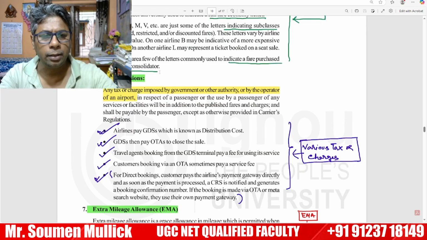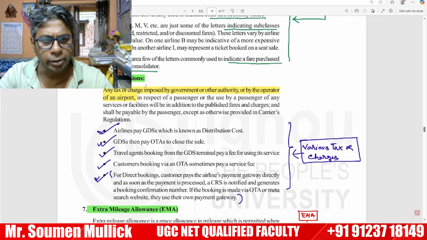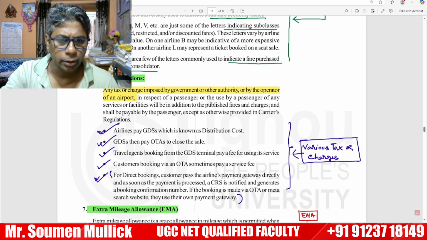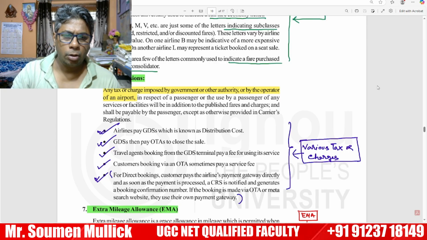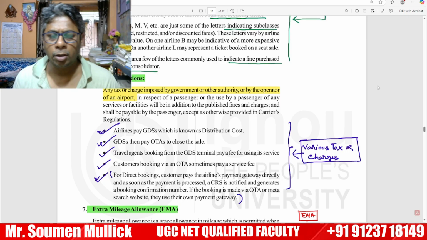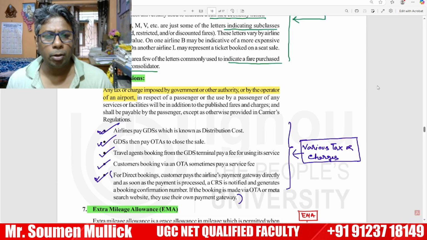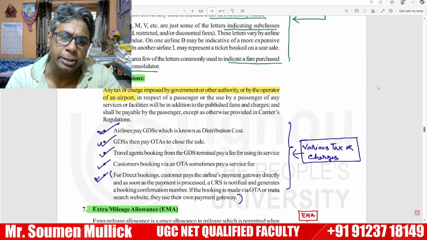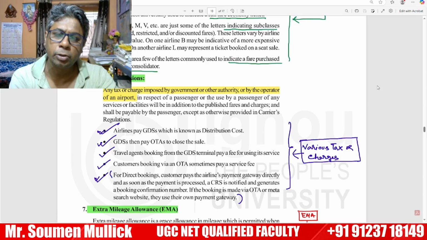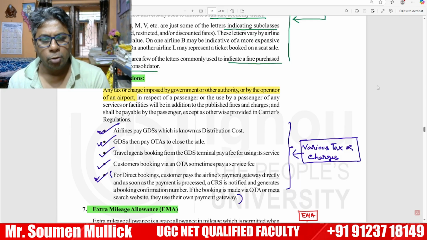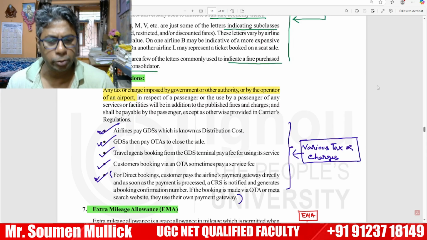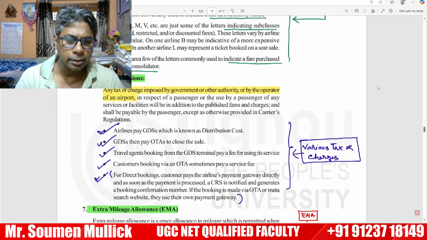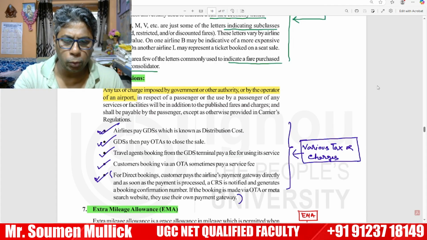Next important area under the section, the fare inclusion. Any tax or charge imposed by government or other authority or by the operator of an airport. Airline pays GDS, Global Distribution System, which is known as the distribution cost. GDS then pays the OTA, online travel agent, to close the sale.